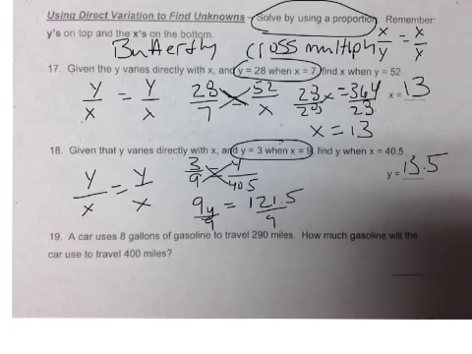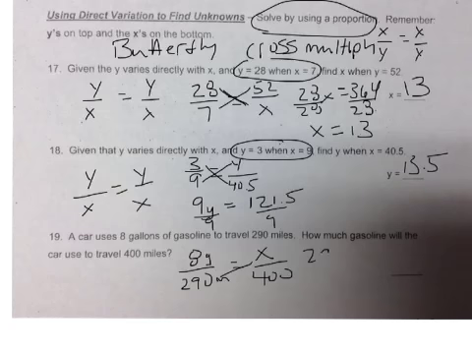Number 19 and 20 are more real-world problems. And you can set these up either way. 8 over 290. So I did gallons over miles. And I just need to make sure I do it the same way on the other side. How many gallons? So gallons is what I'm looking for, 400 miles.